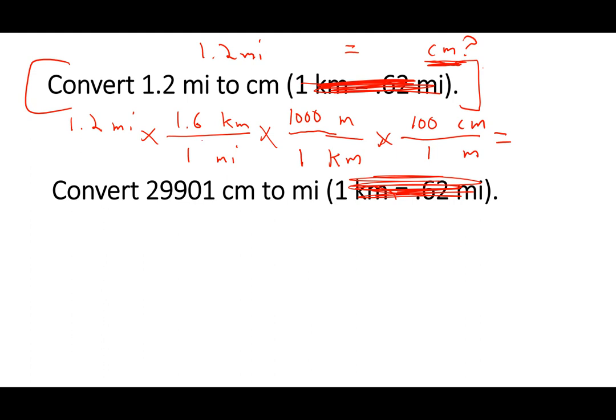Notice how I had to do each of these divisions individually. It gives me 192,000 centimeters. Notice that there's no decimal places. This is what's called a whole number. And I probably don't need to do any more rounding. This is my final answer.